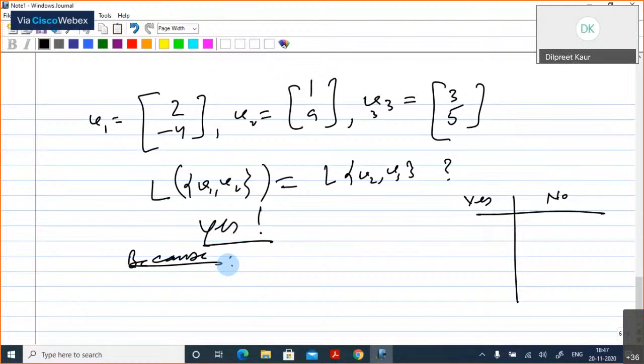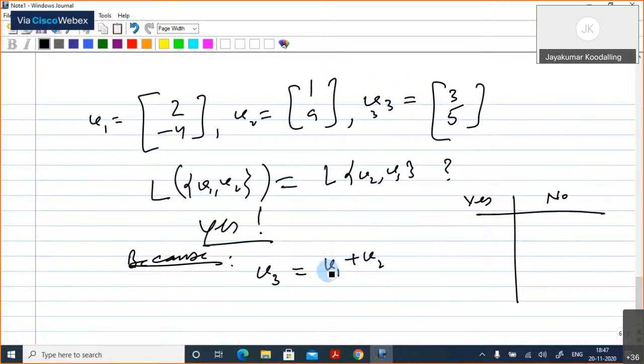Vector V3 can be written as the sum of V1 and V2. Just V1 plus V2 straight away, or you want some modification? Yeah, alpha 1 V1 plus alpha 2 V2.